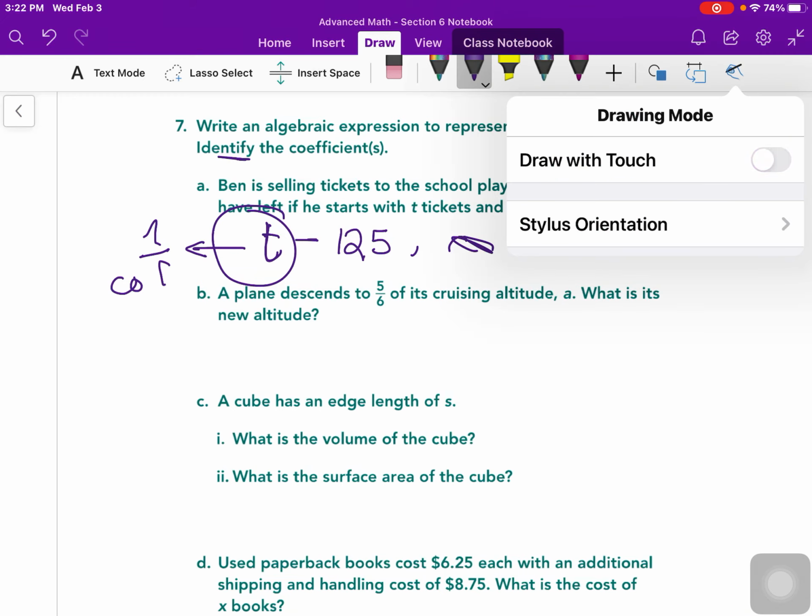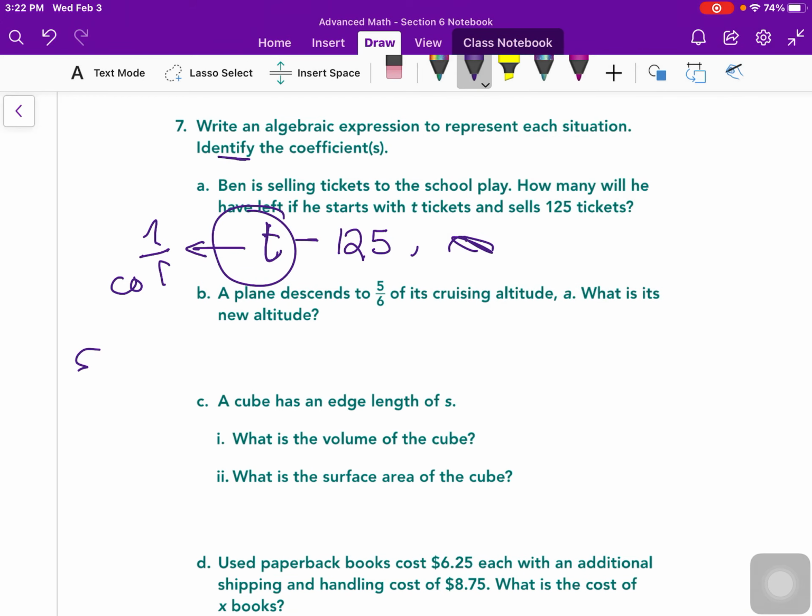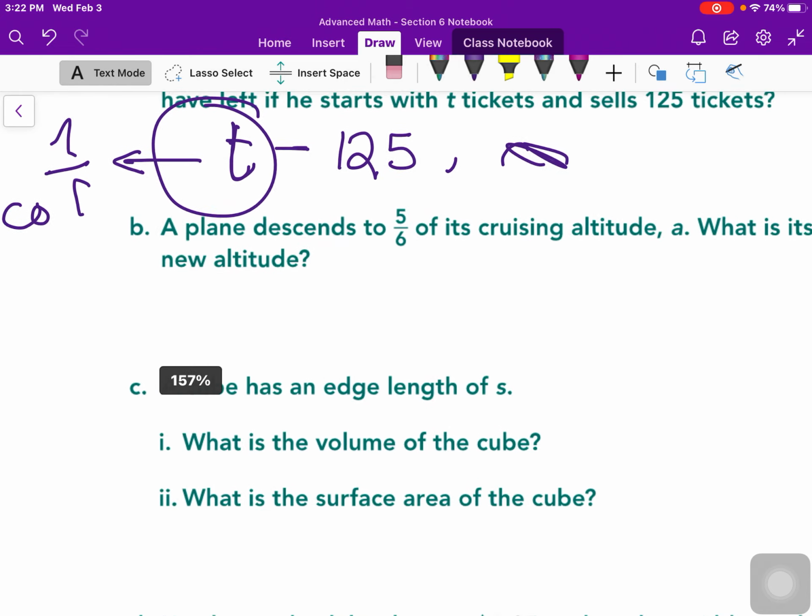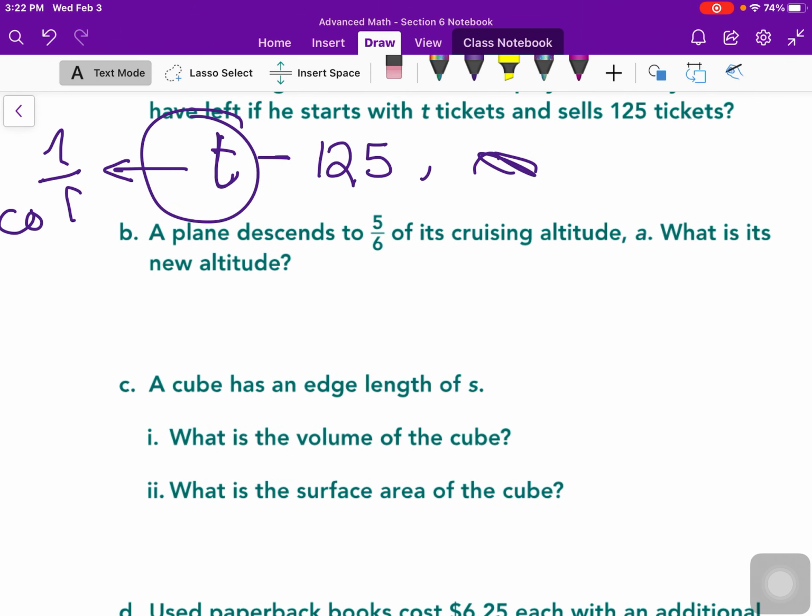Let's see, a plane. We'll try drawing with my finger, maybe that will work better. A plane descends to 5/6 of its cruising altitude, A. What's its new altitude? All right, I see the word of. When I see the word of, that means multiply. So I know it's going to be 5/6 times A. That's my algebraic expression.